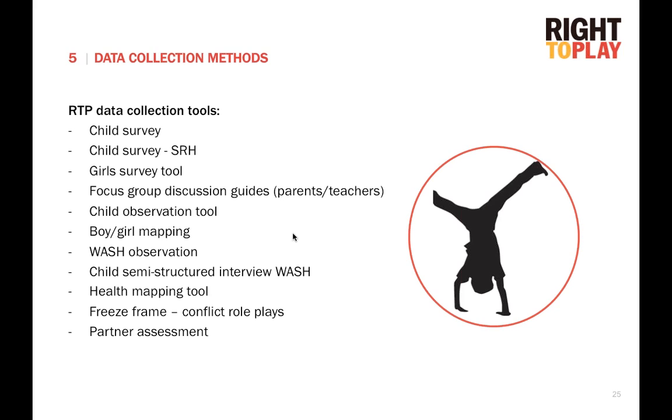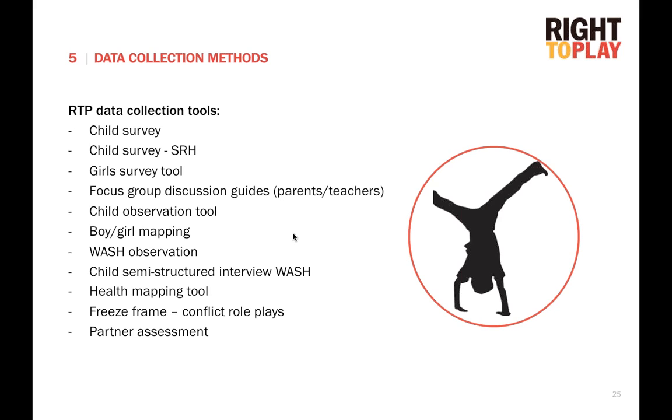So for each of the global indicators that are found in the M&E guide and toolkit, different data collection tools have been developed. And these are some of the examples that are in the current guide and toolkit. As you know, we're still working on developing most of these, and we don't expect that everyone is super familiar with all of them at this point in time.